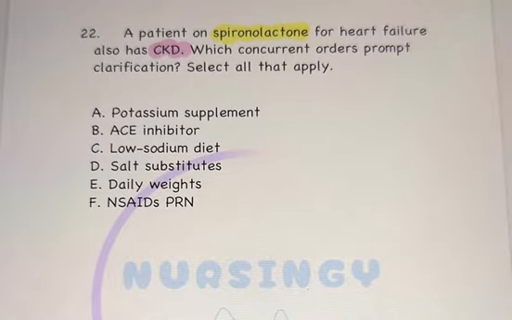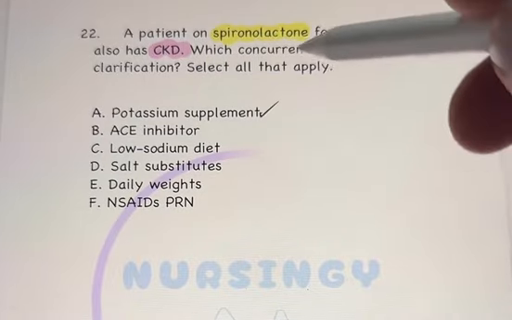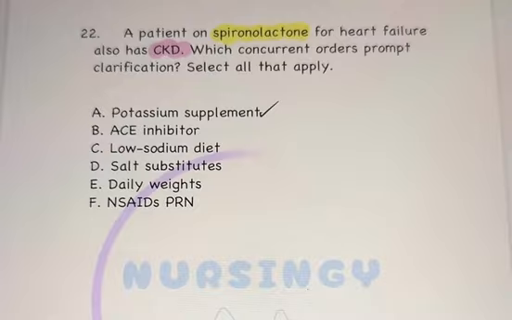So is A going to be correct? Yeah, A, yes, because if the patient is on a potassium supplement, there is higher chance of hyperkalemia. Okay, so we don't want that. Let's move to B, ACE inhibitor. What is an ACE inhibitor?